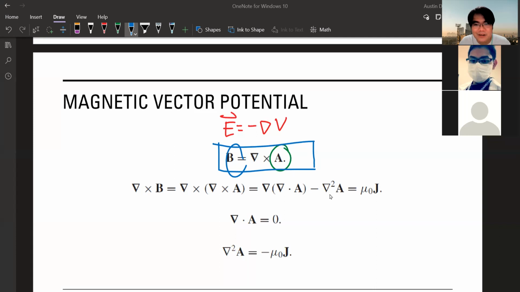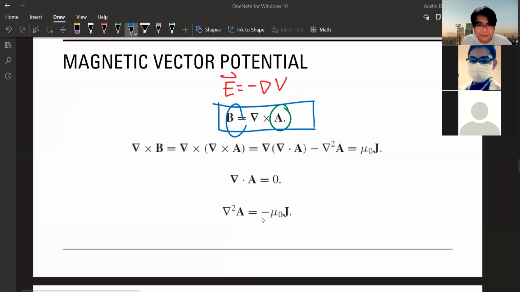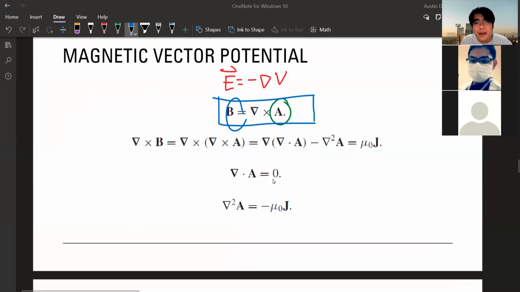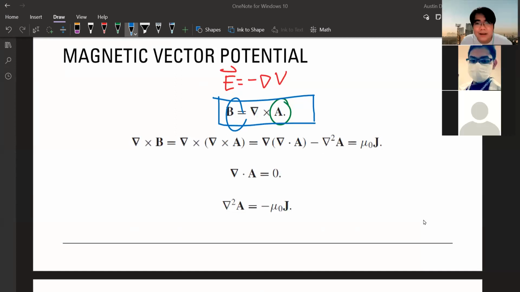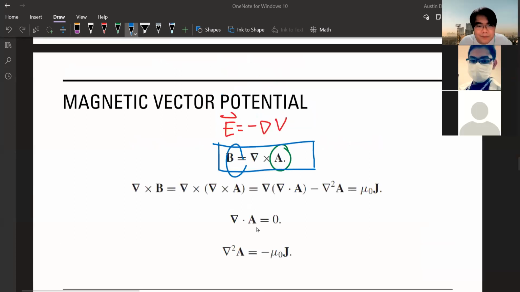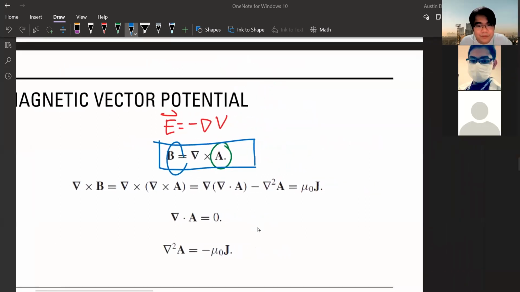Madali lang mag-solve ng Laplace equations last time. Okay. So, in essence, we want to take the divergence of A, the magnetic vector potential, to be zero. Okay? Gusto natin siya mag-zero para mas mapadali buhay natin.